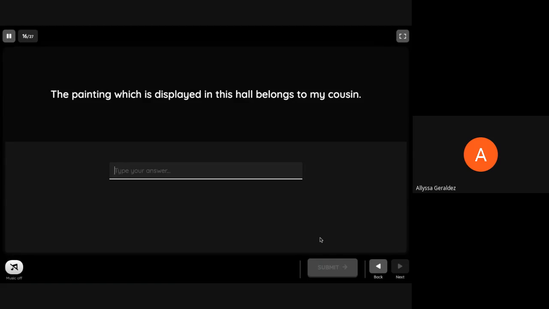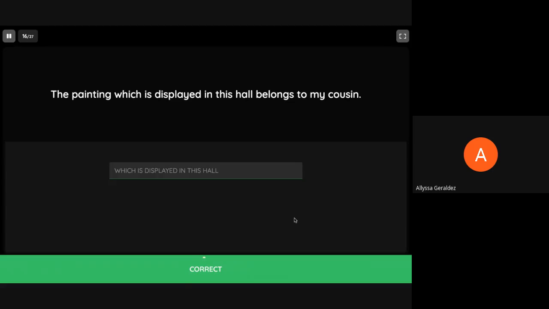The painting which is displayed in this hall belongs to my cousin. Correct.